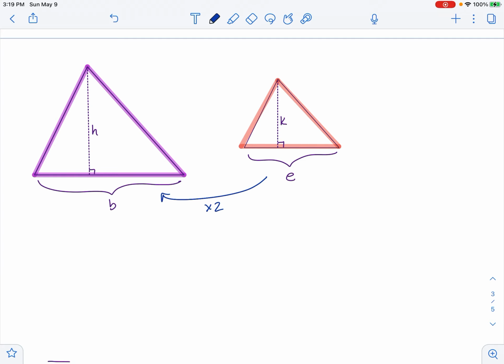I didn't actually count what the 2 are. All right, now what I want to do is I labeled these just as if they were regular old triangles. But now that I know my scale factor, instead of B, I could write down, well, that's double E. And instead of H, what I could write down is that is double K.